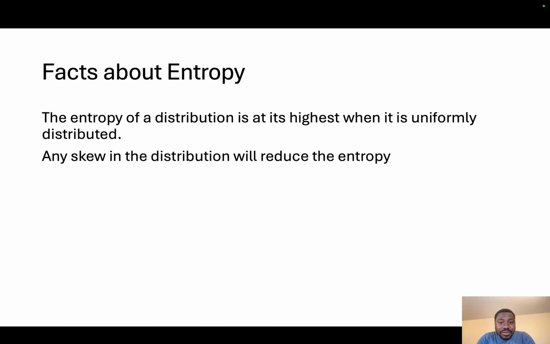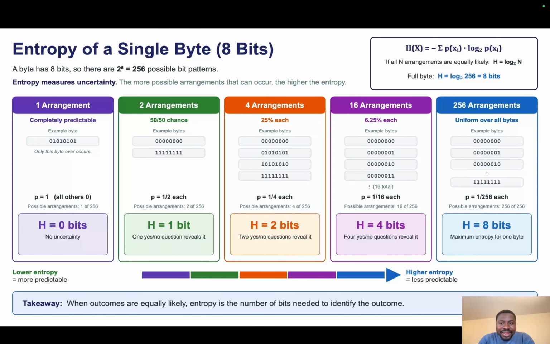The entropy of a distribution is highest when it's uniformly distributed, and any skew in the distribution will reduce the entropy. If you look at the entropy of a single byte, which consists of 8 bits, each being 0 or 1, arranged together, 8 of them. If you know this is the arrangement, then you have 0 bits. If you know that you have a 50-50 arrangement, you have 1 bit.